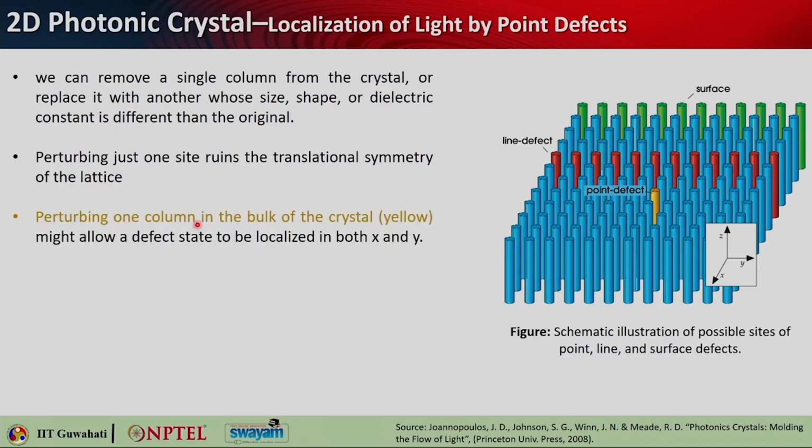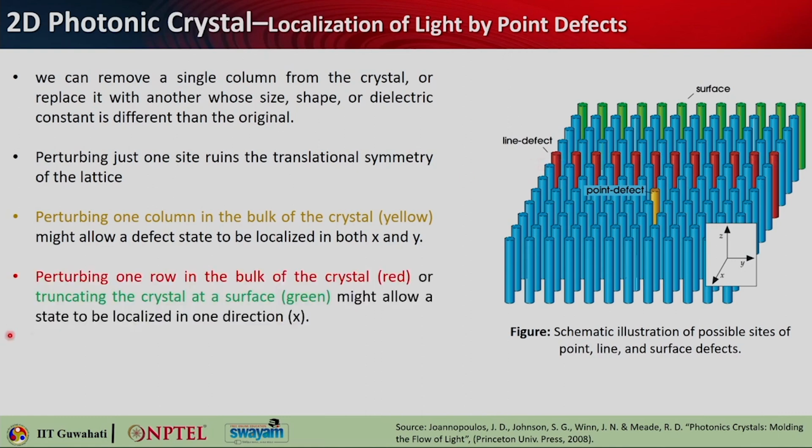Perturbing one column in the bulk of the crystal, like this one, is called a point defect, whereas if you perturb the entire line, that is called a line defect. As mentioned here, perturbing one row in the bulk of the crystal or truncating the crystal at a surface is also possible.